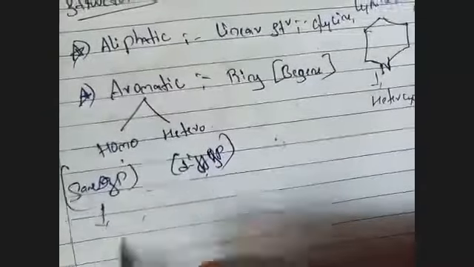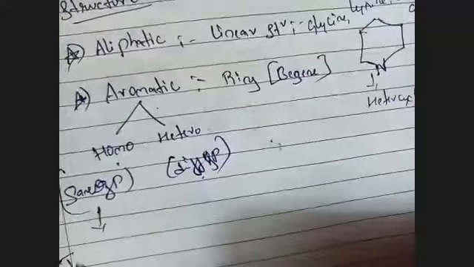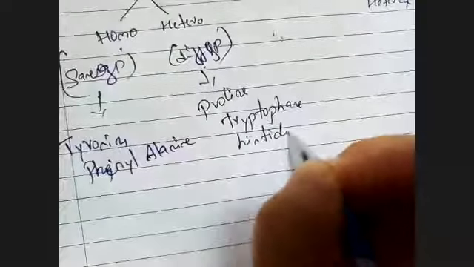For the homocyclic or aromatic, you can give the example of tyrosine, phenylalanine. For heterocyclic, proline, tryptophan, and histidine. Are you getting my point?